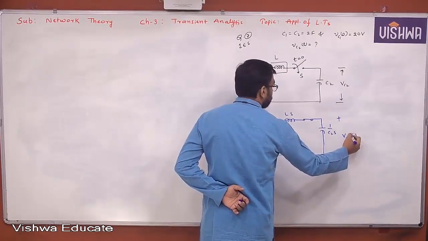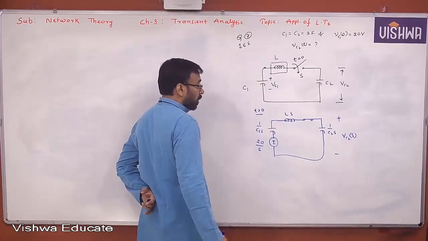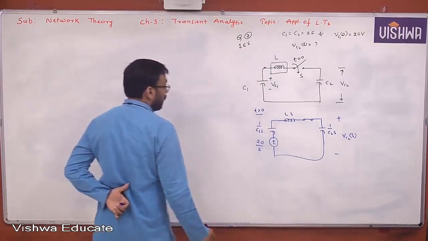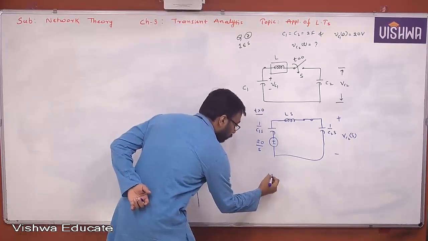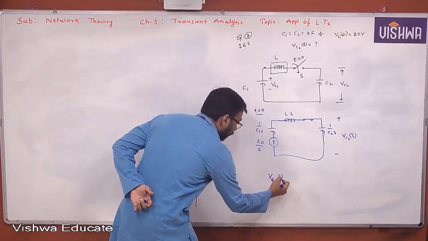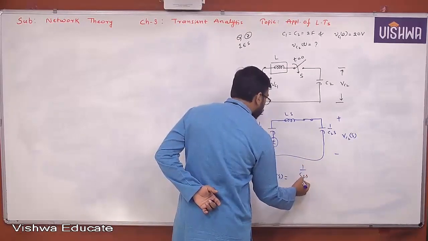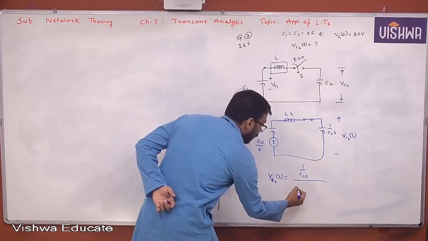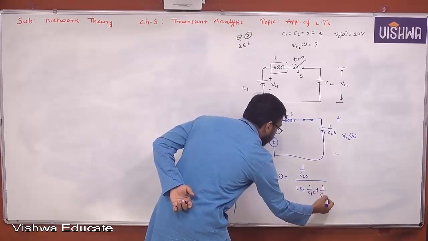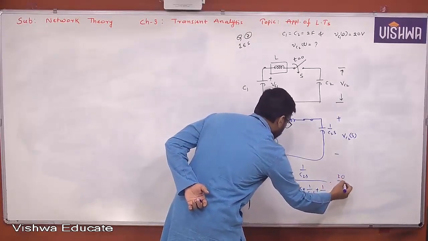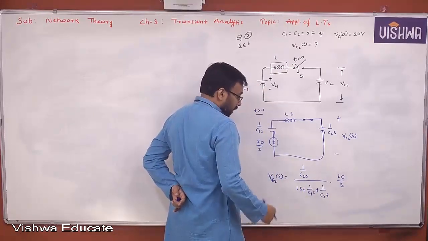That's it. Now you are expected to find Vc2 of S, then Vc2 of t. Actually you can find. Tell me. Vc2 of S is nothing but 1 by C2S divided by Ls plus 1 by C1S plus 1 by C2S, into 20 by S. Yes or no? So what do you get here?